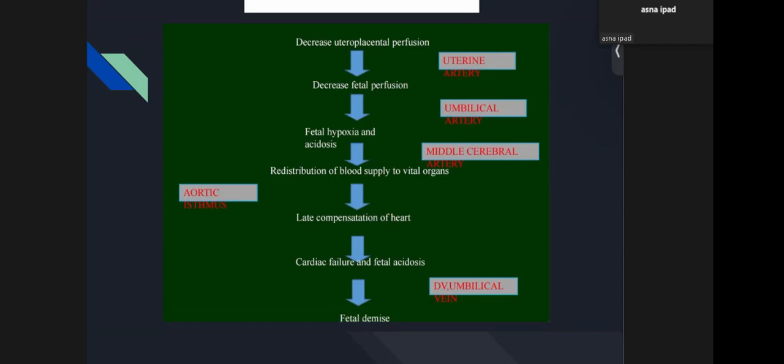This causes redistribution of blood supply to vital organs like the brain, heart, and adrenals. This causes late decompensation of the heart, with changes in the aortic isthmus. After that, there is cardiac failure and fetal acidosis. Once fetal acidosis sets in, you get an abnormal ductus venosus and umbilical vein waveform. And once that is there, the fetus cannot survive beyond 1 week.